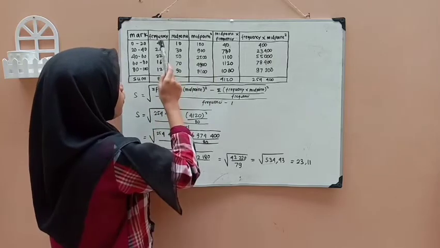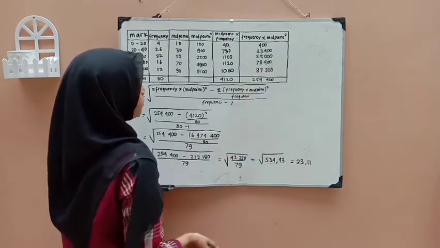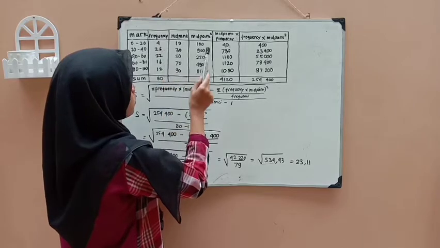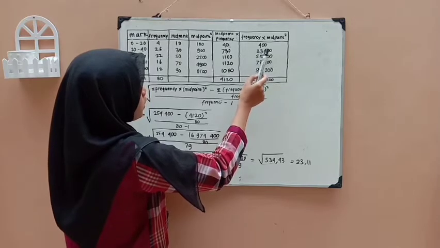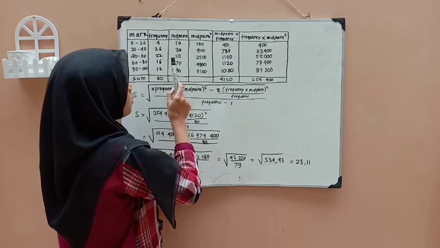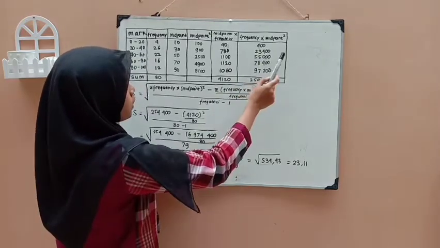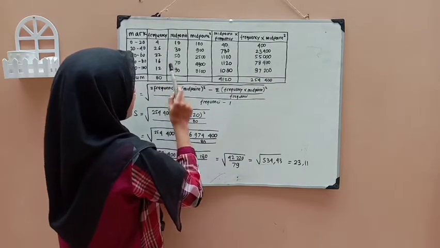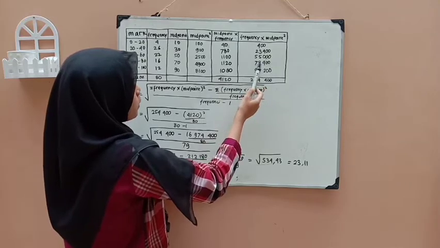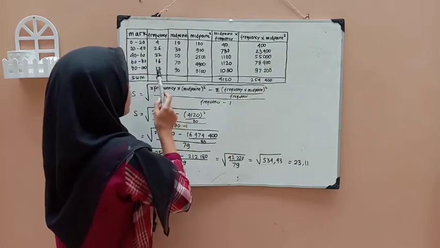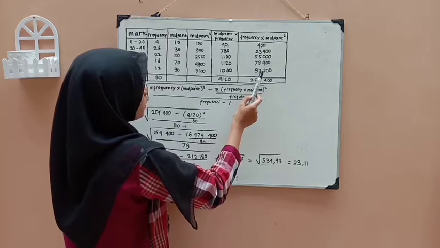Frequency times midpoint squared. 4 times 100 is 400. 26 times 900 equals 23,400. 22 times 2,500 equals 55,000. 16 times 4,900 equals 78,400. 12 times 8,100 equals 97,200.